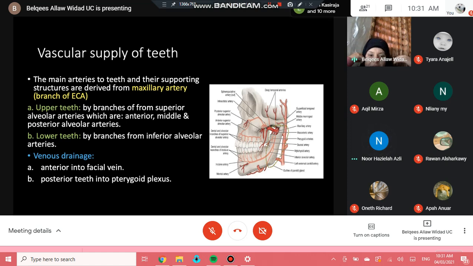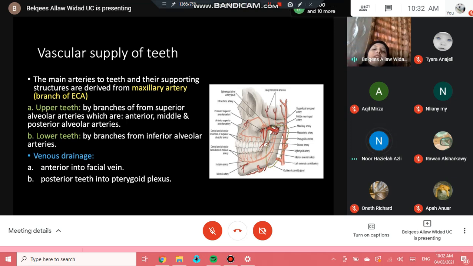The premolars. The posterior superior alveolar artery supplies the upper molars. Clear? Yes. So all these arteries are branches of the superior alveolar artery, divided into anterior, middle, and posterior because of the location of the teeth.